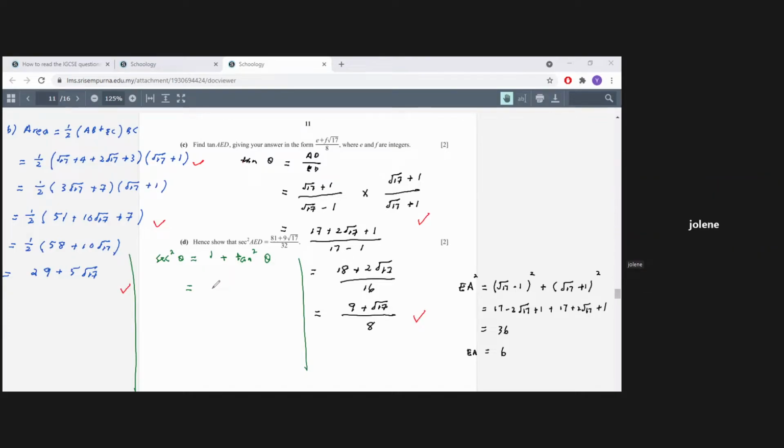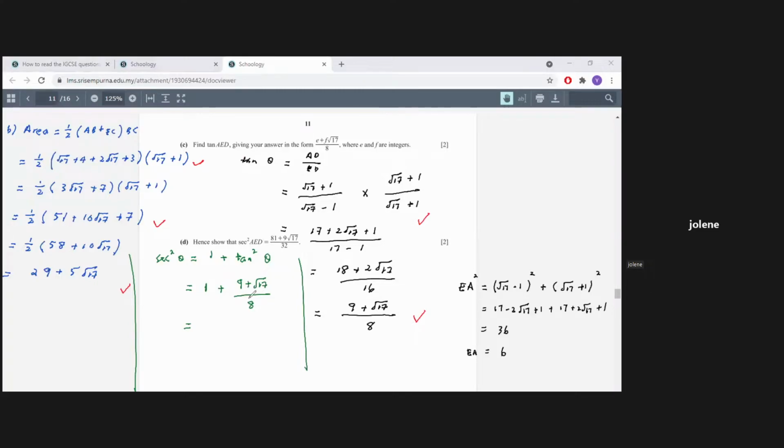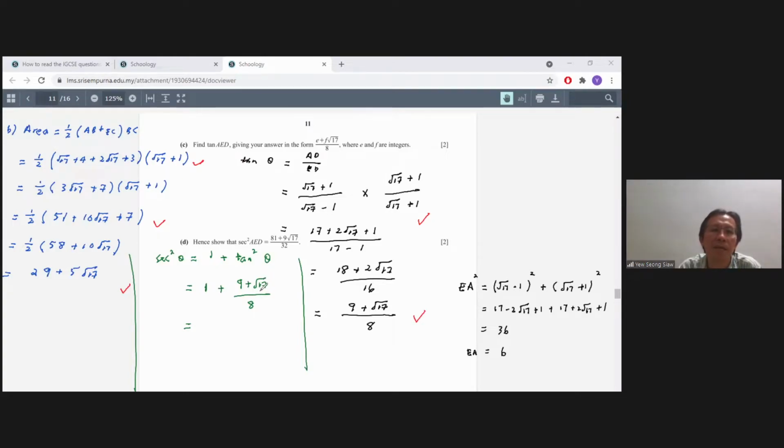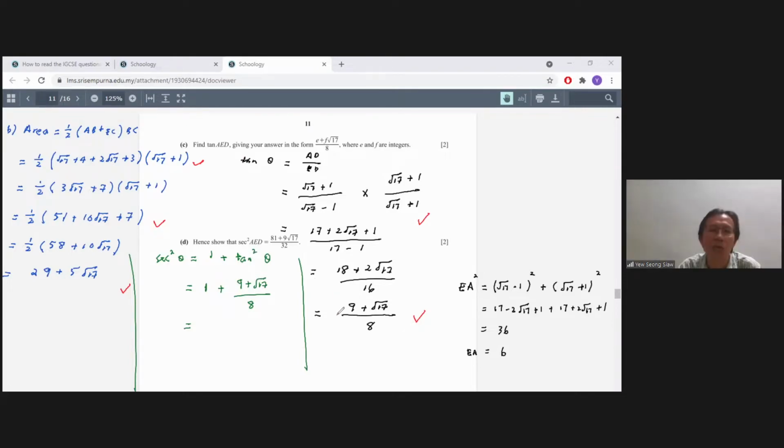So 1 plus 9 plus surd 17 over 8. Next, equals to, you need to square this. Square.